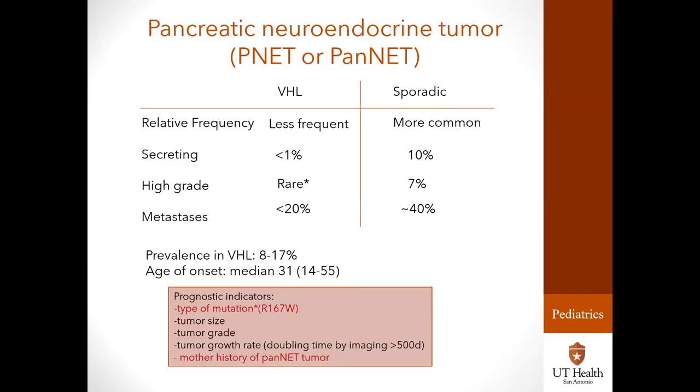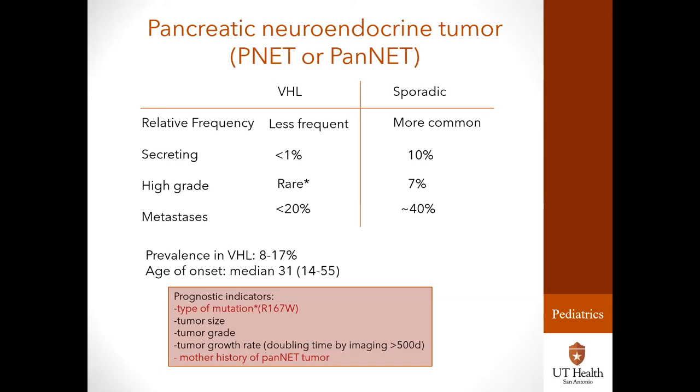So I wanted to spend some time talking about the pancreatic neuroendocrine tumor in this particular patient. So typically, pancreatic disease is present in no more than 20% of the patients, usually less than that. And pancreatic neuroendocrine tumors tend to be more frequently of the sporadic type rather than the VHL disease.